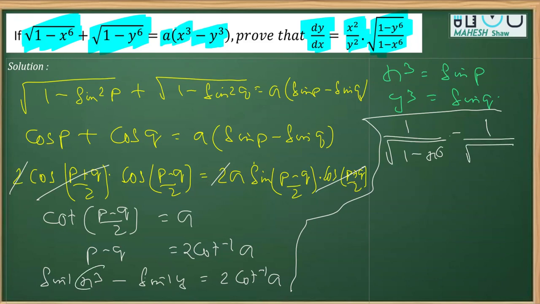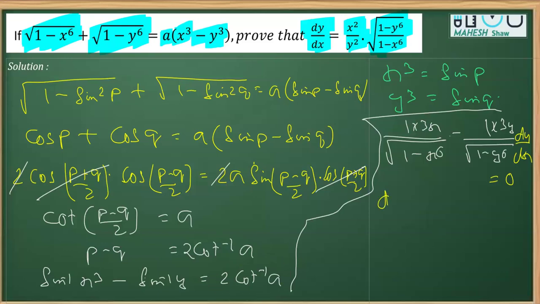Oh, sorry, we have to apply the chain rule, so there should be 3x² here. Similarly, this is 1 minus y^6 into 3y² dy/dx, and for the right side it's going to be 0 because this is a constant.